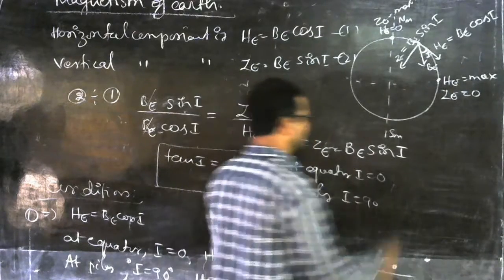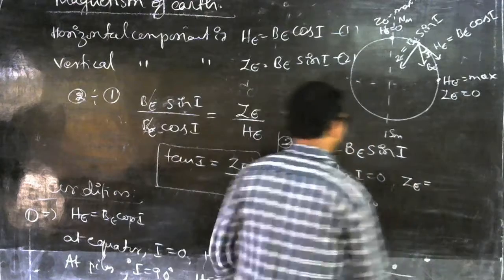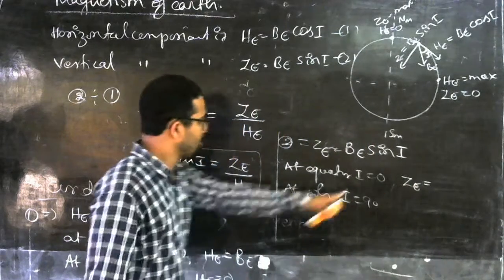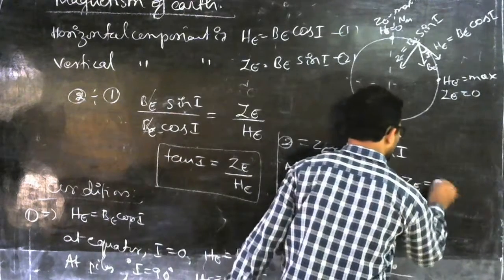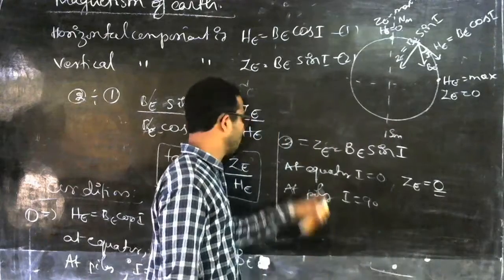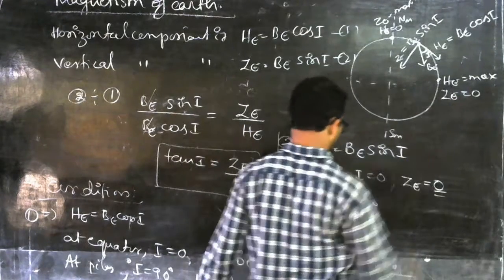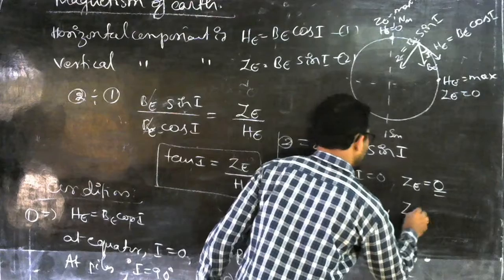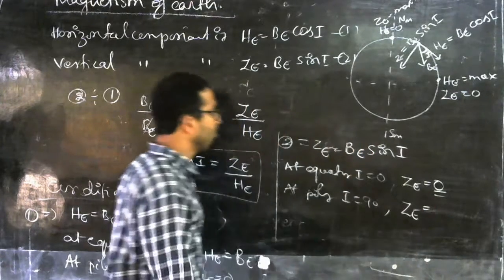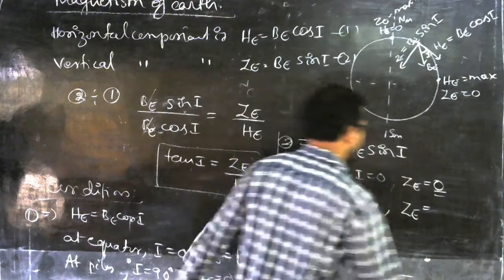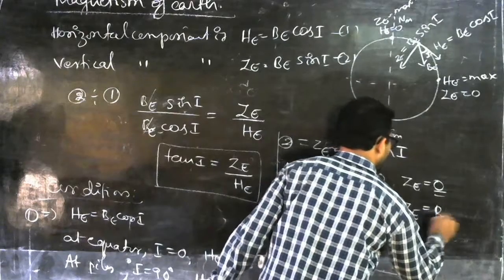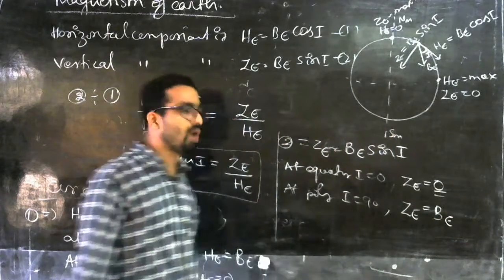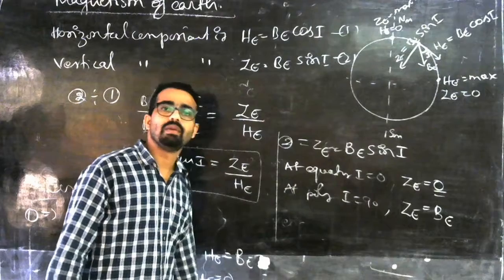At the equator, Z is equal to BE sin I, where I is equal to 0 and sin 0 is 0. That is why Z is equal to 0 at the equator. And at the poles, Z is equal to B sin 90 degrees. Sin 90 means it is the maximum value, 1. So Z is equal to B.